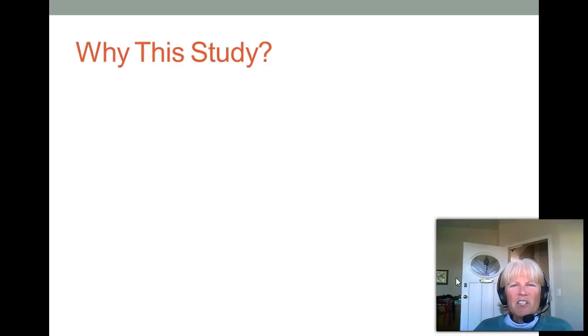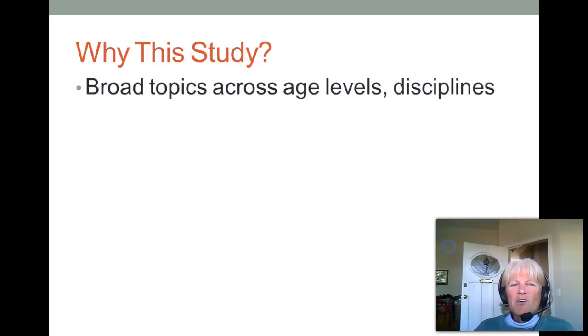There are several reasons why I selected the study, knowing that you already read a meta-analysis last week. First off, when I was looking at articles to select from during the course of the semester, I really wanted to pick a very broad representation of topics across educational technology and really across education in general, and that would span various grade levels and also various disciplinary levels.